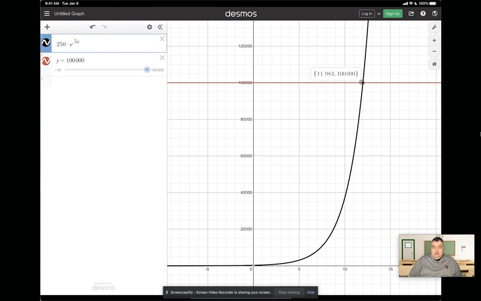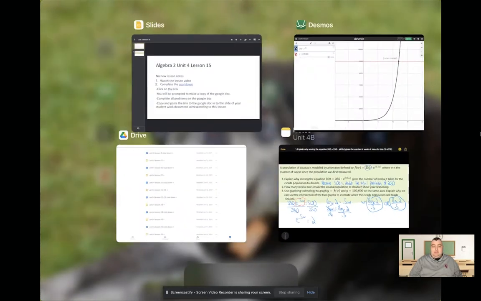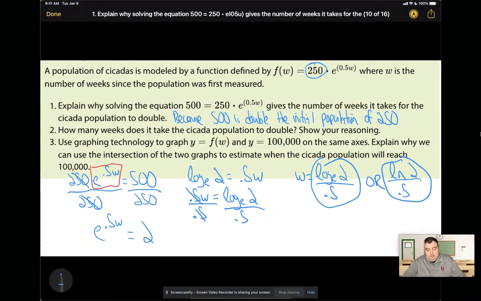And it's going to be almost 12 weeks later. So the x value of that point tells me the number of weeks until it reaches a population of 100,000.